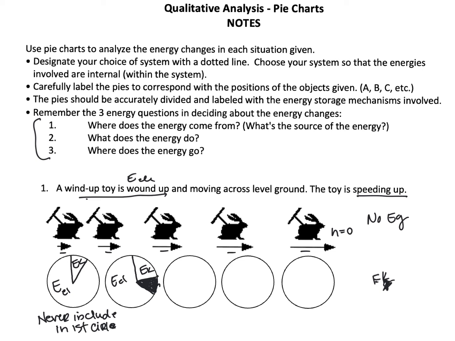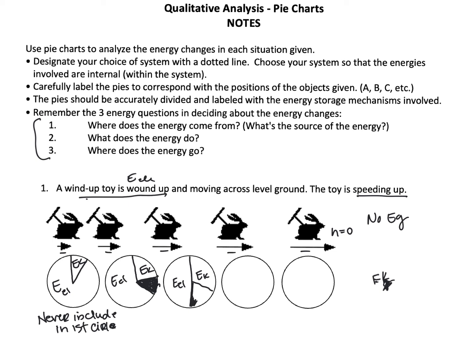So then as I go through to my third one now, we can go a little faster because I've done most of my explanations. The bunny's gotten faster, so we're going to increase that kinetic pie section a little more. The elastic is going to go away as this thing winds down. It's going to get less elastic the entire time because that spring is going to unwind inside the toy.